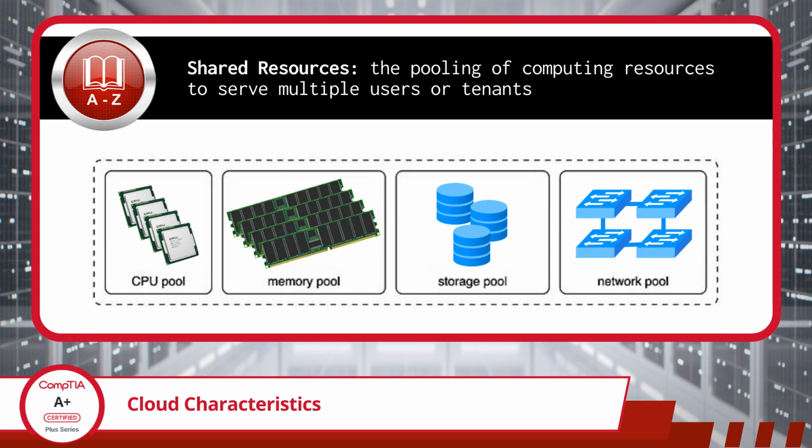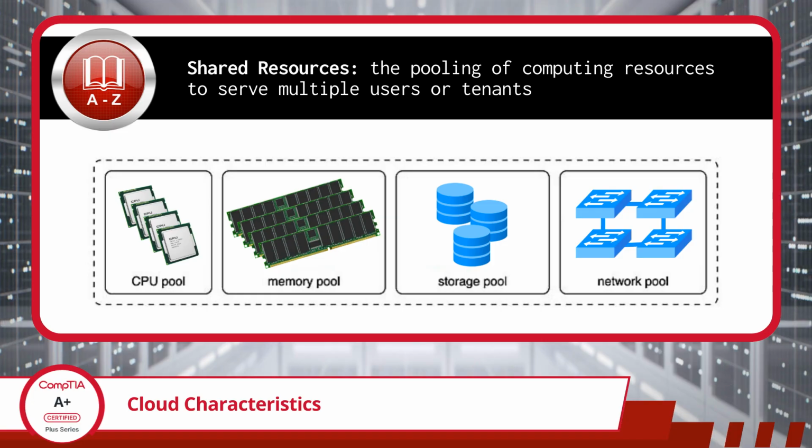Shared resources in cloud computing refers to the pooling of computing resources, such as servers, storage, and networking, to serve multiple users or tenants. This is often referred to as resource pooling. In this model, the underlying physical infrastructure is shared among many customers, and resources are dynamically allocated and reassigned based on demand.